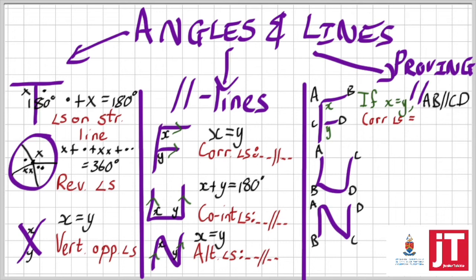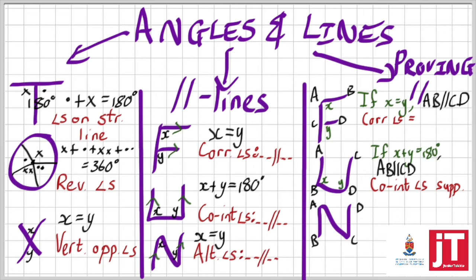If I look at the U, if I'm now given that X plus Y is 180, then side AB will be parallel to line segment CD. Why is that? Because the co-interior angles are supplementary. Very crucial.